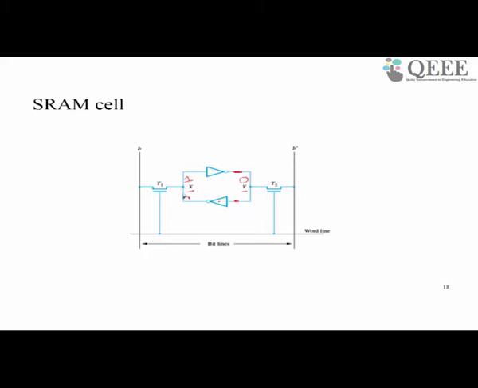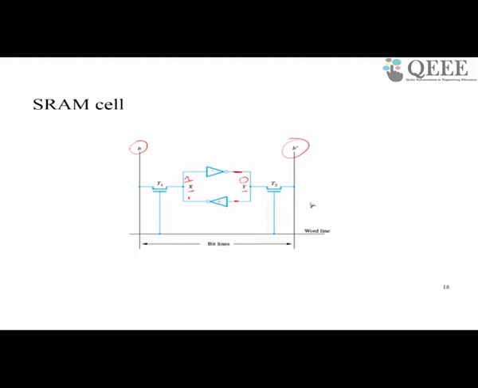So we will call one of the two signals, X or Y, the value that is stored in this cell. By convention, let us call the value of X the bit that is stored, so we will call it B, and the other value will be the complement of the same bit stored here, which we will call B complement.